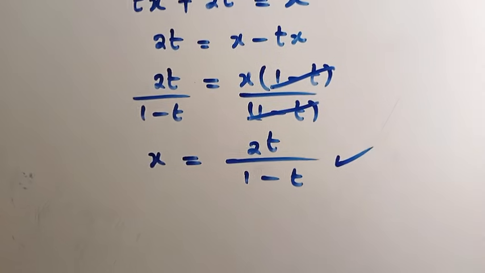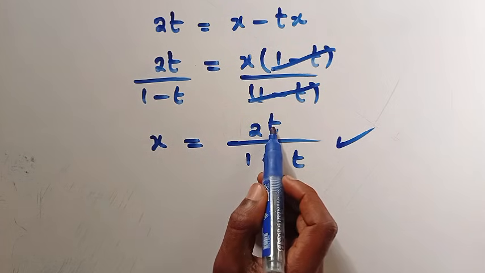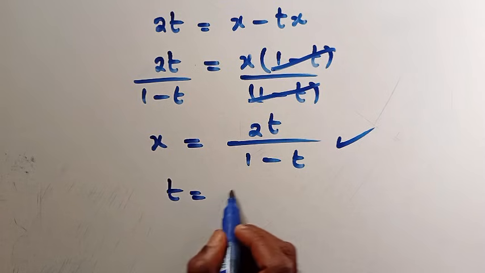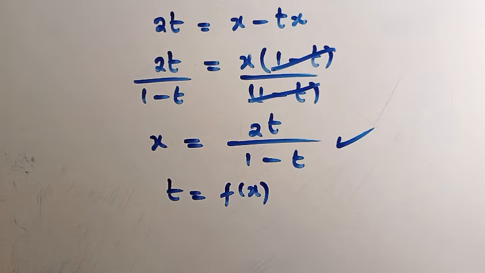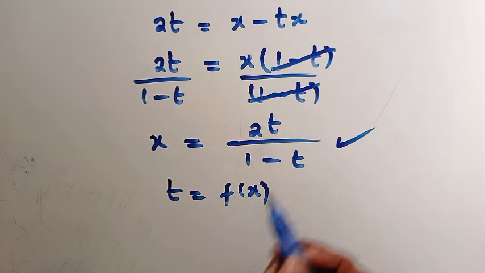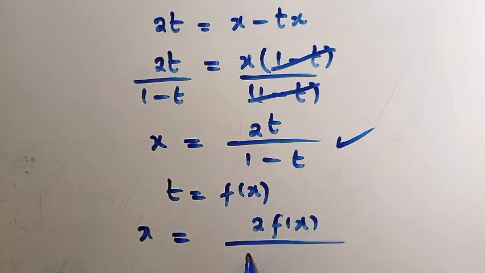So the next step here is we're now going to recall that I called t equal to f of x. So replacing this t with f of x, we have x equals 2 multiplied by f of x divided by 1 minus f of x.